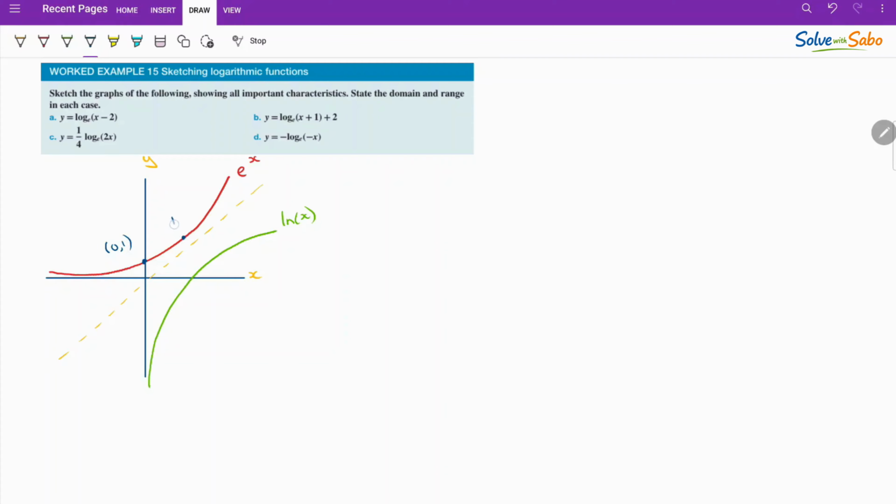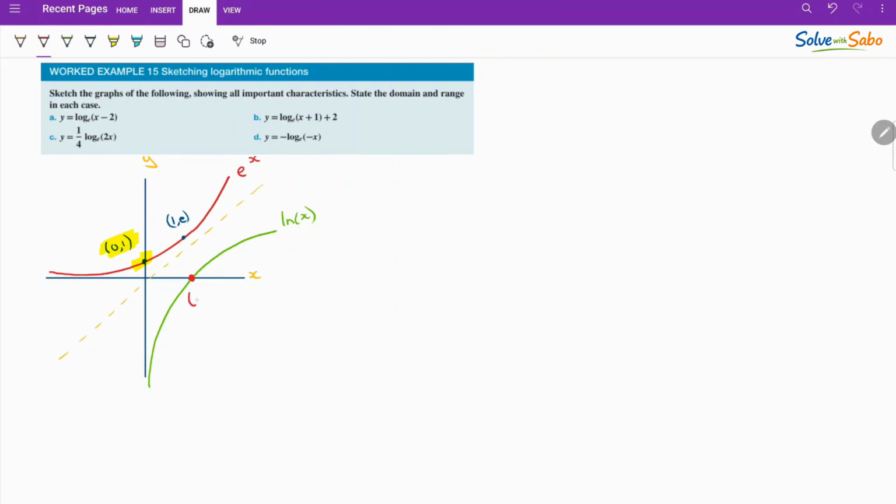So, thinking back to some key features of an exponential, we normally have a y-intercept at 0, 1. We already have a point here at 1 and e. If you need to be reminded of those points, you can simply go back to the exponential video. Now, why am I mentioning the points of an exponential in a log video? Well, if this is a y-intercept, then when you mirror it across that dashed yellow line, your y-intercept becomes your x-intercept.